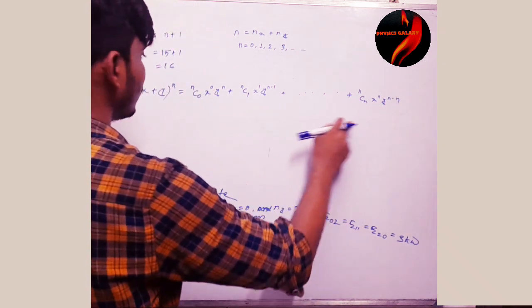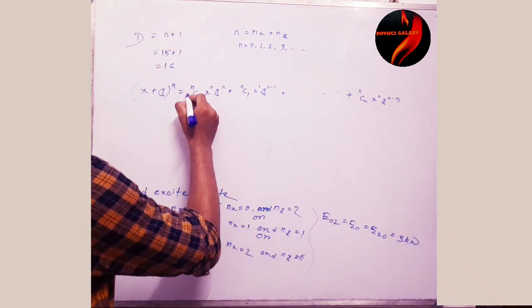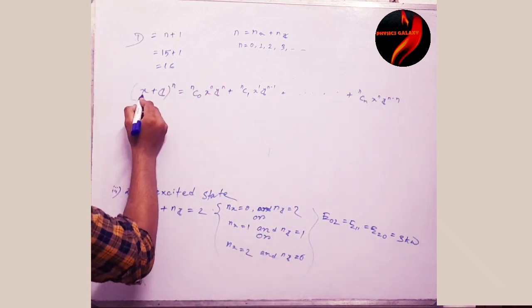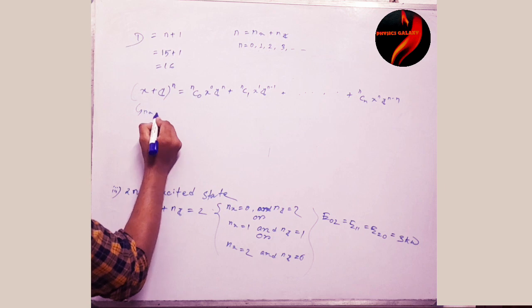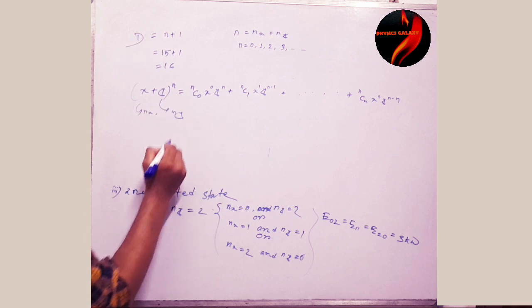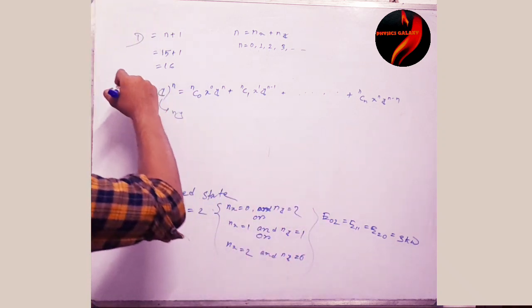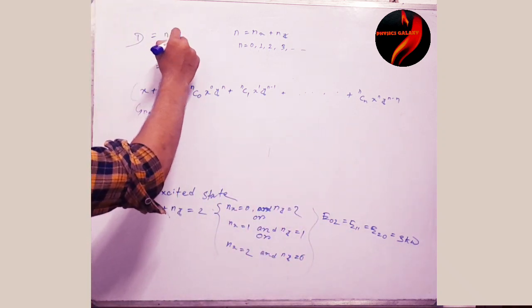Basically the total number of terms is n plus 1, and if we take x equals nx and y equals ny, the total number of terms should equal the expression of the degeneracy, n plus 1.